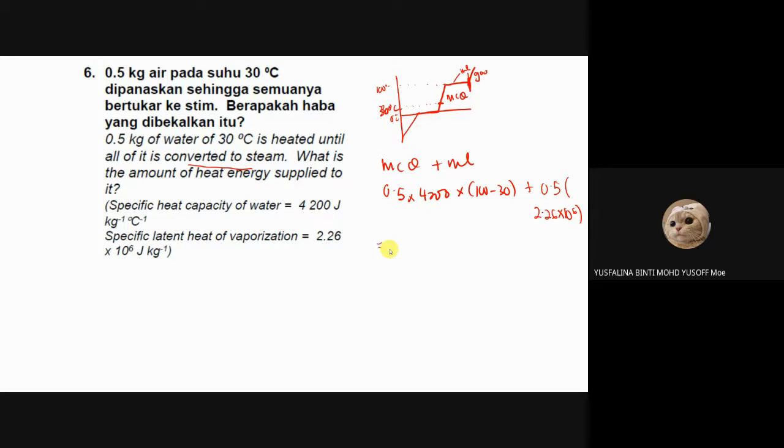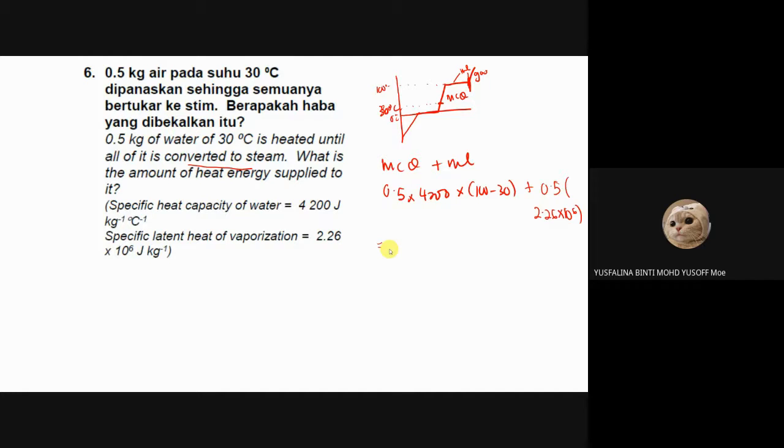Some got 1,277,000. Some got 1,113. 1 million? Is it 1 million, right? 1 million? No, no. 1,130,270.